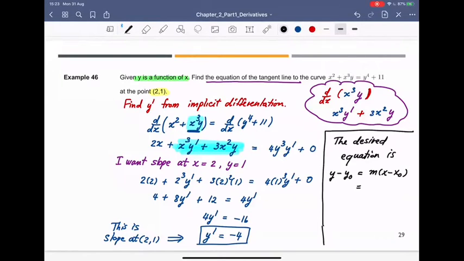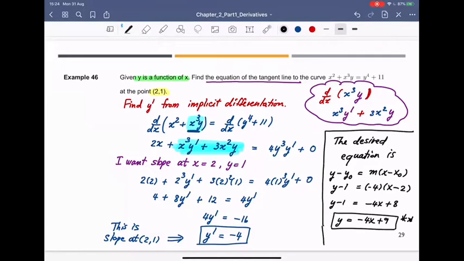I know the slope is negative 4 and it passes through the point x equal to 2, y equal to 1. So y minus 1 equals negative 4 times (x minus 2), which is y equals negative 4x plus 9. So this is my final answer. How do you feel? A piece of cake, right? Easy.